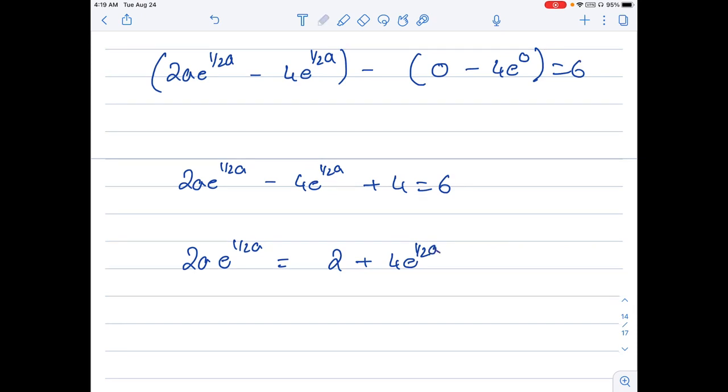So what am I going to do? I am going to divide by 2 on both sides and also by e to the power of 1 upon 2a on both sides. So it becomes a is equal to, 2 gets cancelled, negative e to the power of 1 upon 2a, that is e to the power of negative 1 upon 2a, plus 2. So this is going to be the value of a.